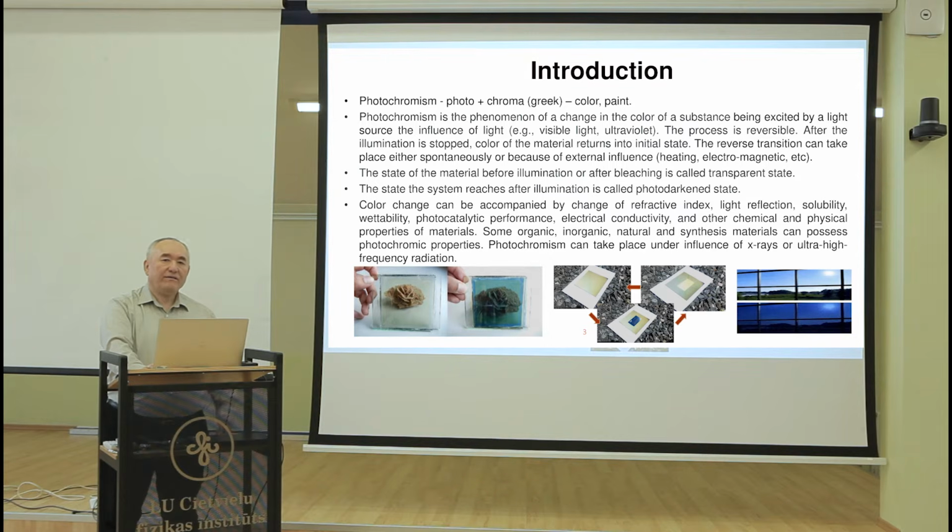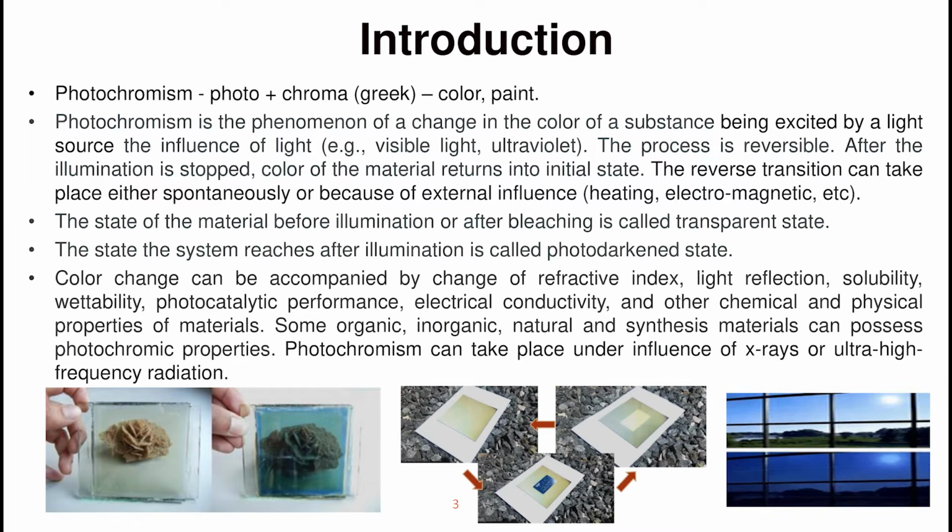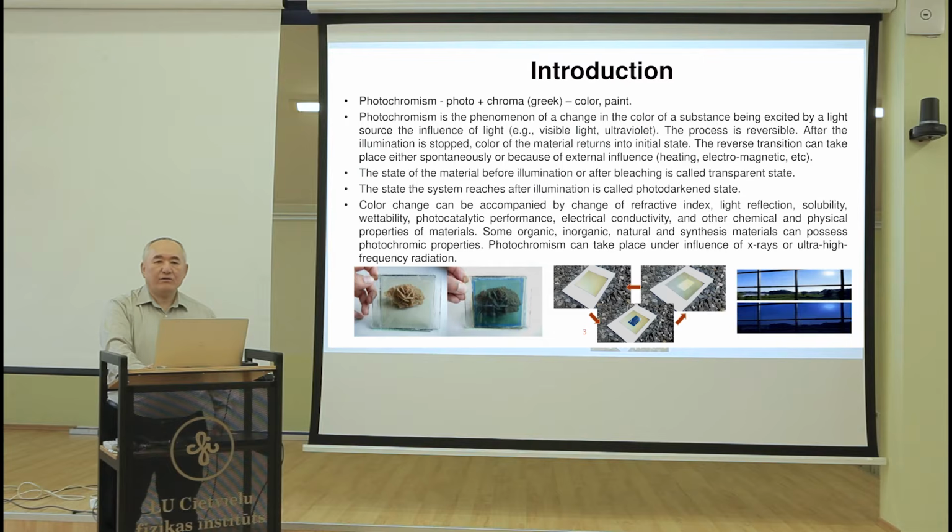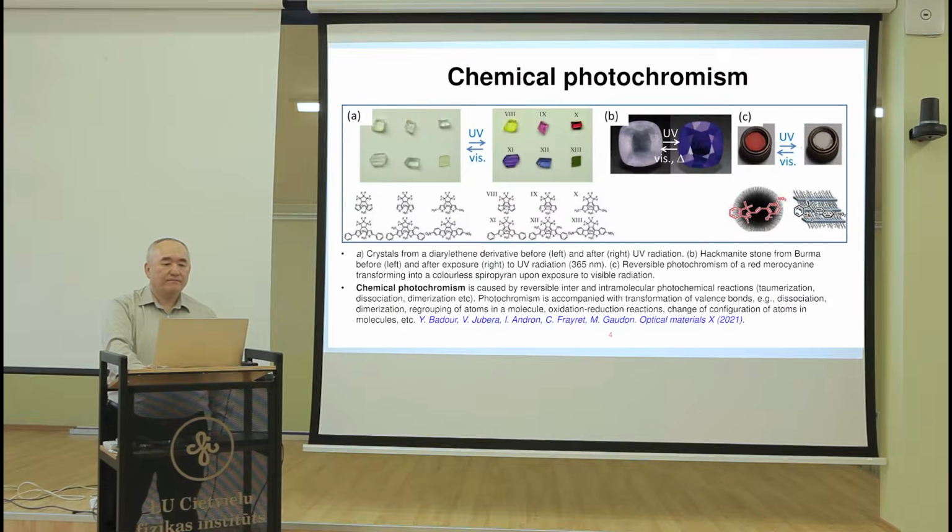The optical state of the matter before illumination is called the transparent state, and after illumination, when the material's color is changed, it is called the photodarkened state. The color change can be accompanied not only by a change of color, but also by changes of refractive index, wettability, and electrical properties, for example in the case of semiconductors.